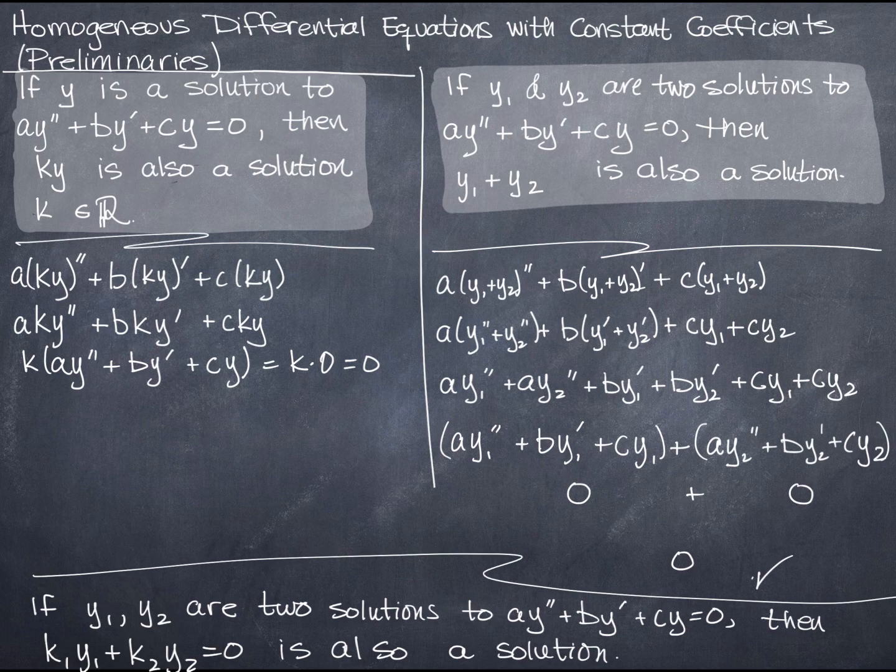If y1 and y2 are two solutions to a differential equation in this particular form, then k1y1 plus k2y2 is also a solution. It's general because k1, being a real number, could be 0. So what I've said here is that if these are two solutions, then just a multiple of one of those is also a solution, just a multiple of the other is also a solution, or a combination of the two. k1 and k2 can also be 1, so this is the most general form of this statement.